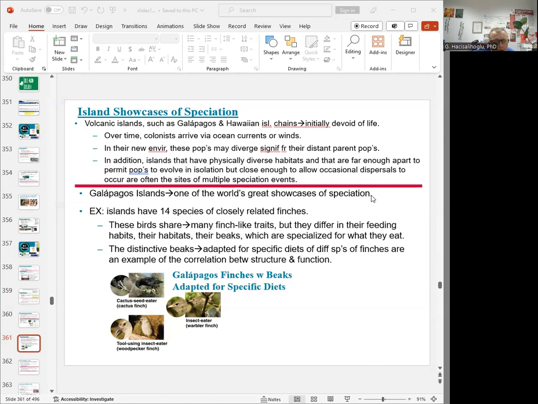In the Galapagos Islands, he saw finch birds with all these different types of beaks compared to nearby islands or the nearby mainland. They specialized and their beak size changed. You can see here an insect eater, a tool-using insect eater, and a cactus seed eater. So on these islands he observed 14 species of closely related finches.